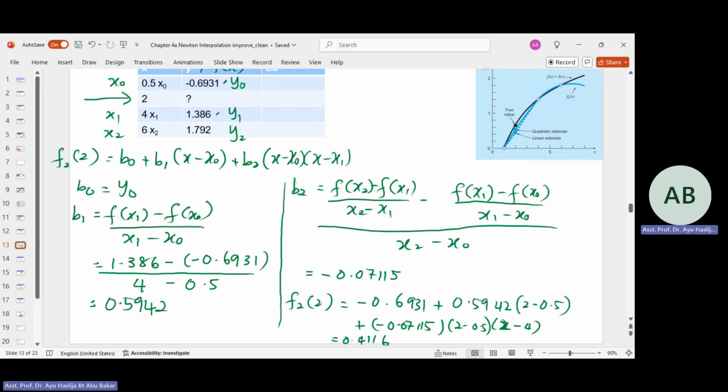It's not the same. It's the main function, then X, then B1 and B2.